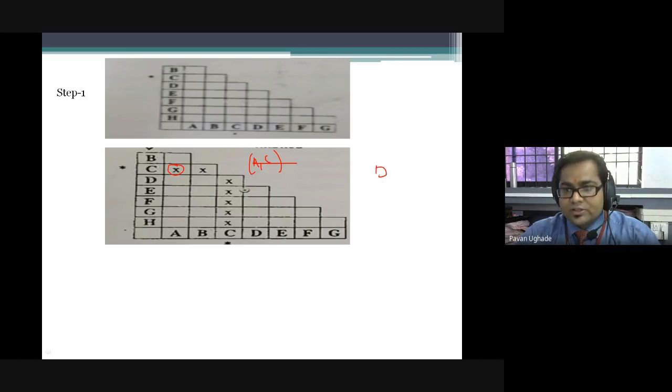If it is a distinguishable pair, simply denote it by writing a cross or X. Okay, let's try to understand. Then this set, again, because C is a final state. This is BC. Again, in BC, B is a non-final state, and C is a final state. Again, it is distinguishable, so we mark the cross.